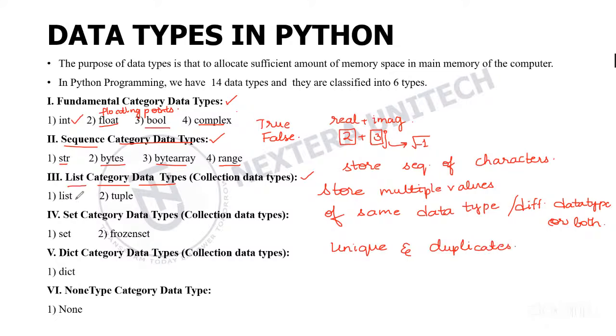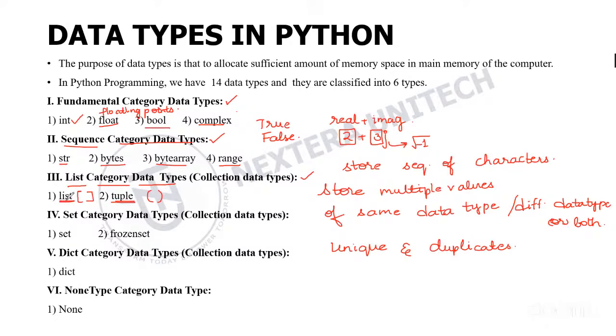So list is represented with square brackets and tuple is represented with parentheses. So in this way you can represent list and tuple. So the main difference here is list is mutable and tuple is immutable.